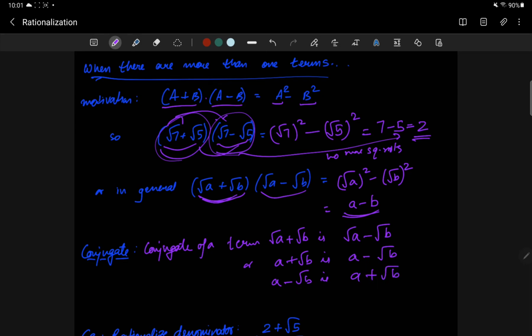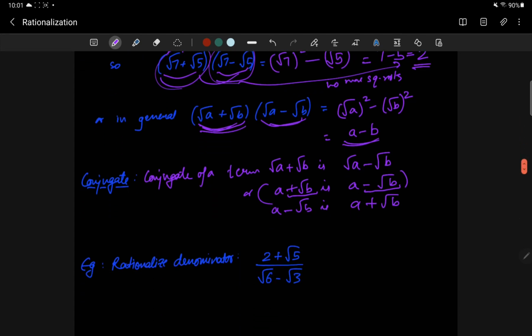And so basically, what are we saying? We're saying that if you're given any term, its conjugate is you make the square root part of it negative. And the why comes from here. Because we are going to use this conjugate in order to rationalize it.